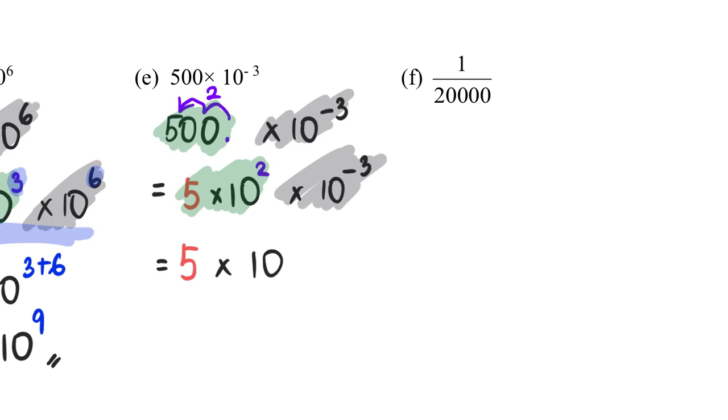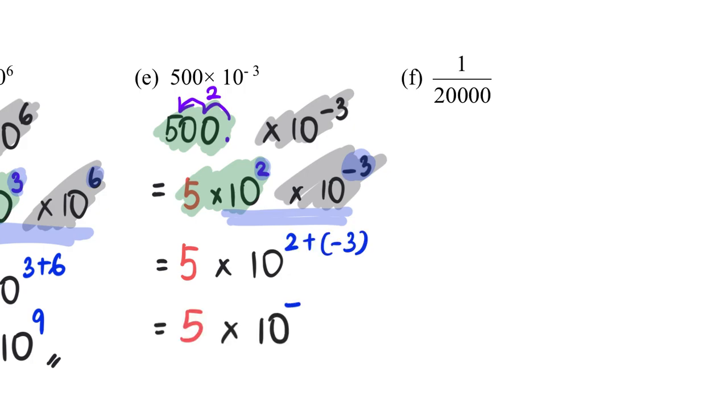Have to simplify the 10. Base 10, same. And when I multiply, so it will be 2 plus negative 3. Final answer, 5 times 10 to the power of negative 1.